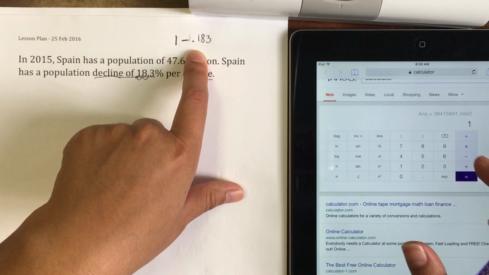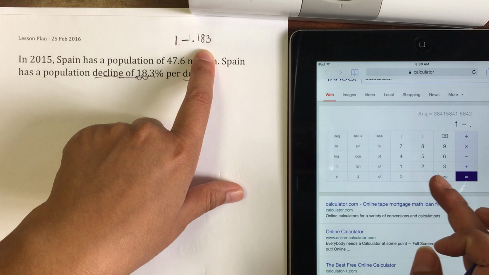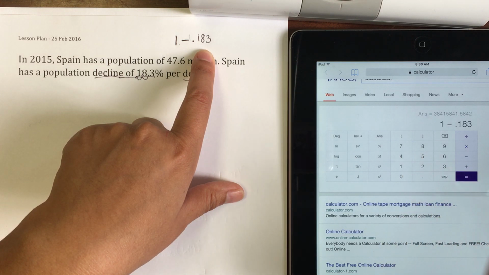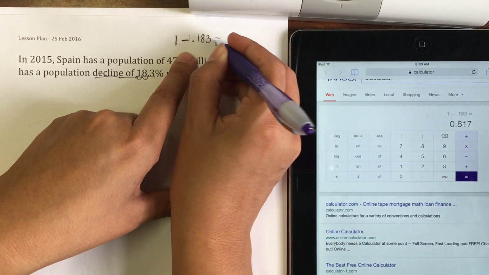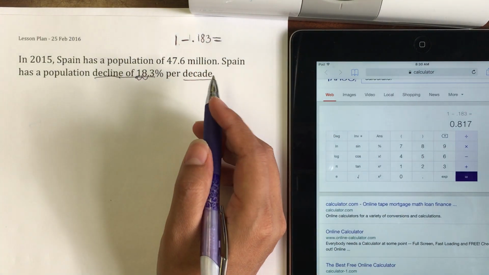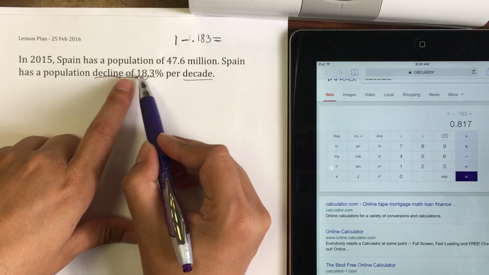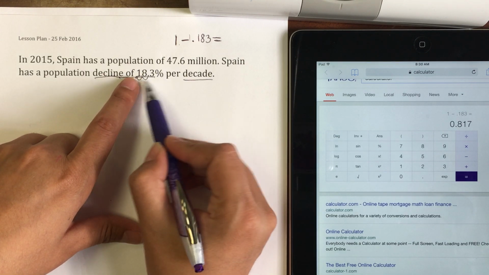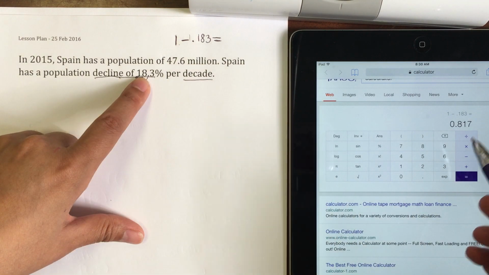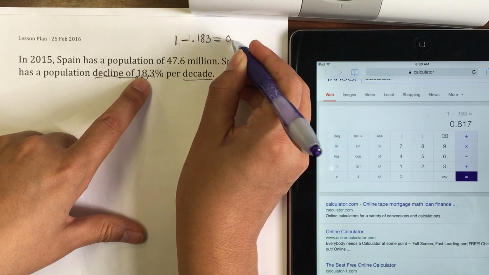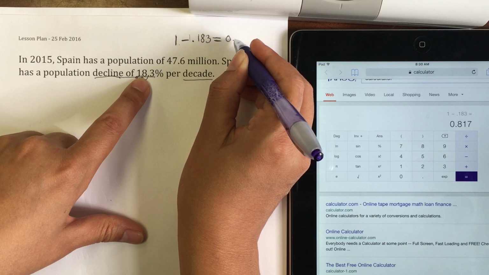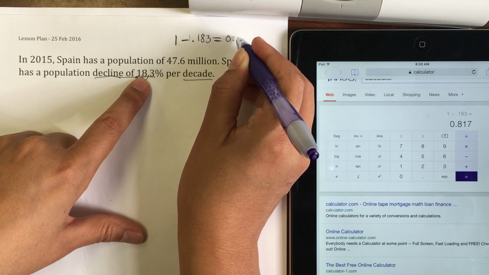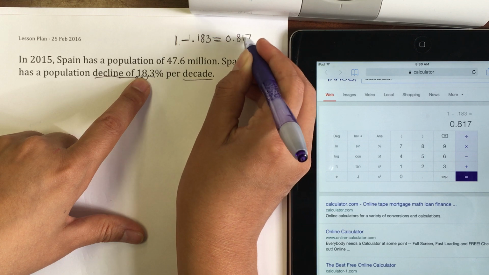So we're going to put 1 minus 0.183. Okay, and that gives us 0.817 as our result. So basically, what it means is that 18.3% of the people leave, but then the people that are going to stay in Spain is going to be 81.7%.